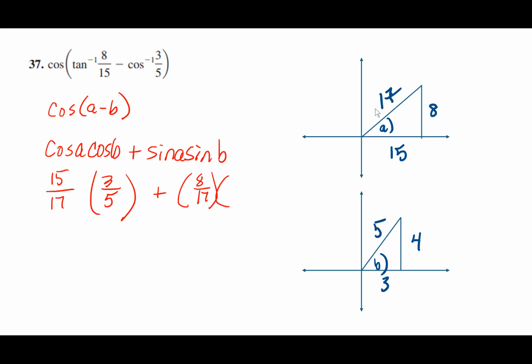And sine B is opposite over hypotenuse, 4/5. And so the 15 and the 5 cancel, and that's a 3, so 9/17. Plus, over here, nothing cancels, so 32 over 85. And if you get a common denominator and add all that up, it's just going to be 77 over 85.